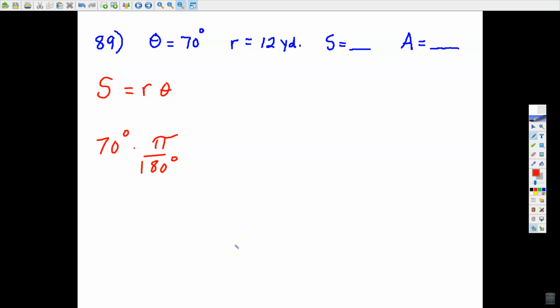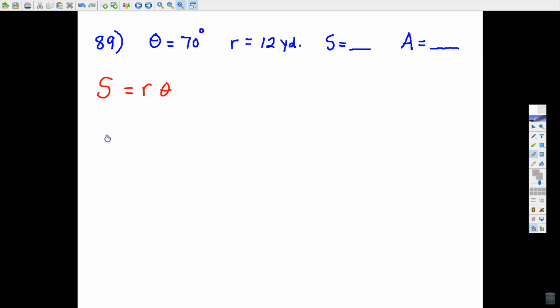And we'll just go ahead and do it to 3 decimal places. 70 pi divided by 180. 0.389. That look right? Yeah, same here. 70 pi divided by 180.